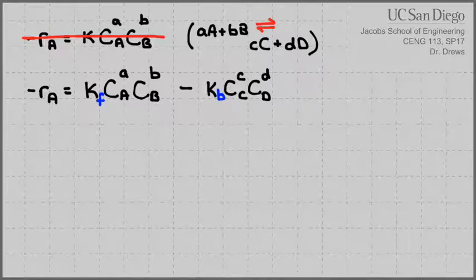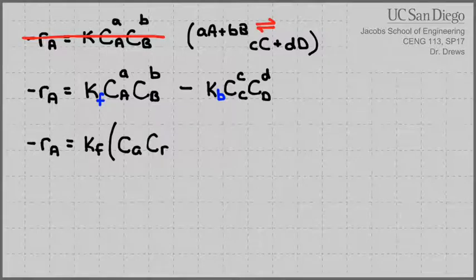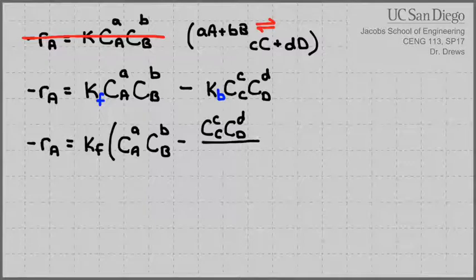The reason that I said we don't use k sub f and k sub b very often is because we have another K that we use, which is the capital K. The more common form, and about the only form that we're going to use in this class, is k forward times C_A C_B, oh, that one was supposed to be capital A. And then we essentially factor out that k sub b and replace it with another K. So we have C_C and C_D here raised to their powers over the first capital K that we're going to deal with, which is K_C.